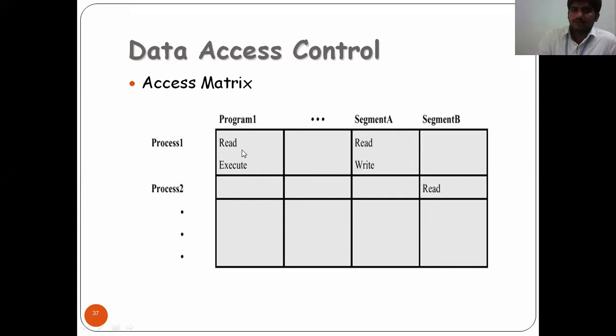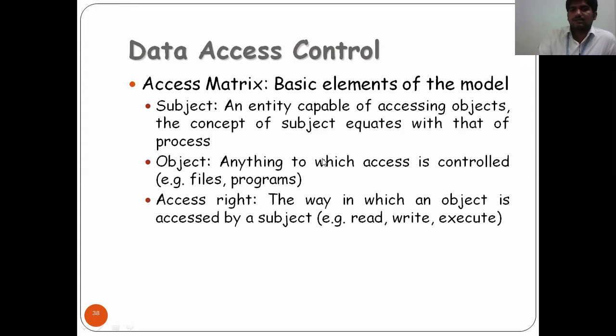If I take this column as one list, that is program one: process one can read and write, and read and execute program one. The same process one can read and write segment A. So this is one list, and this is another list. Then process two can read segment B. So those are three different lists.